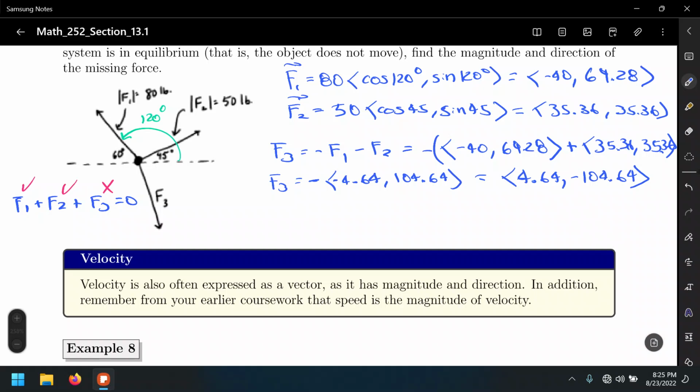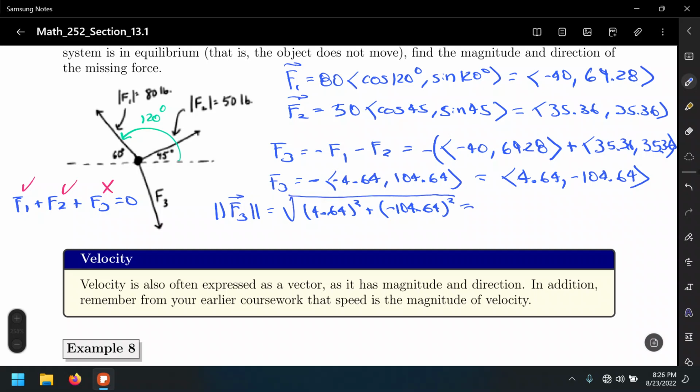But of course, we need to know the magnitude. Because we want to know the strength of that force, in this case in pounds. So that's the square root of 4.64 squared plus negative 104.64 squared.